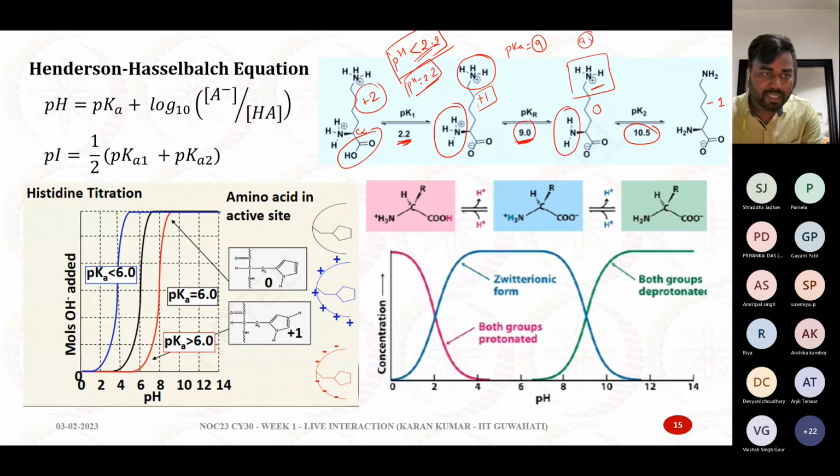Because when you are calculating the PI value of any amino acid, you need to know the pK1 value and pK2.